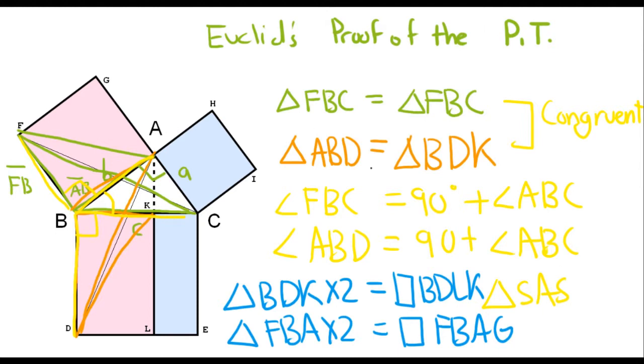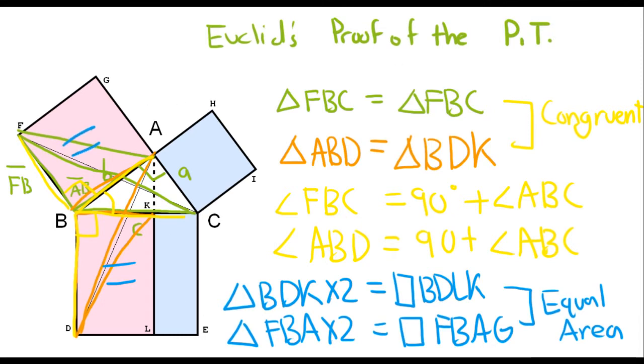And because all these triangles are congruent, so are these. Equal area. So at this point, we know that FBAG and BDLK are equal, these two here.